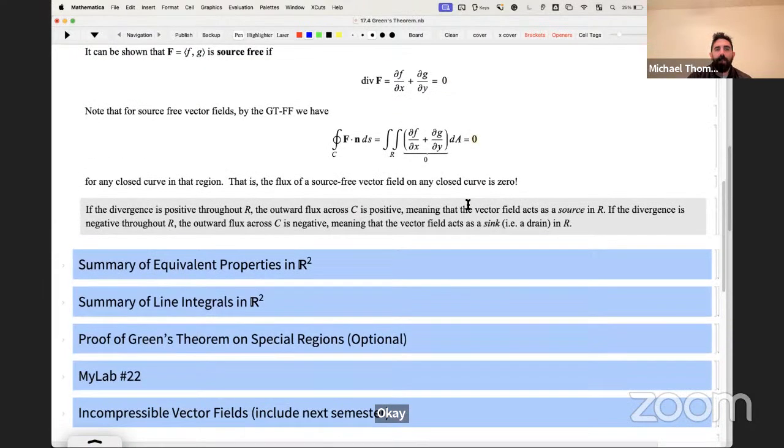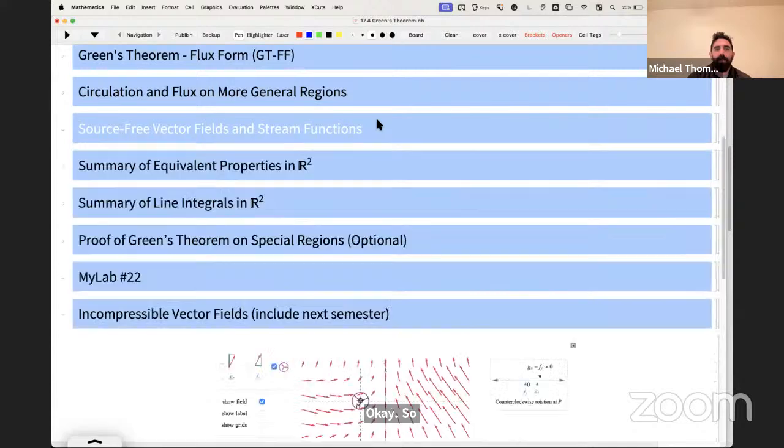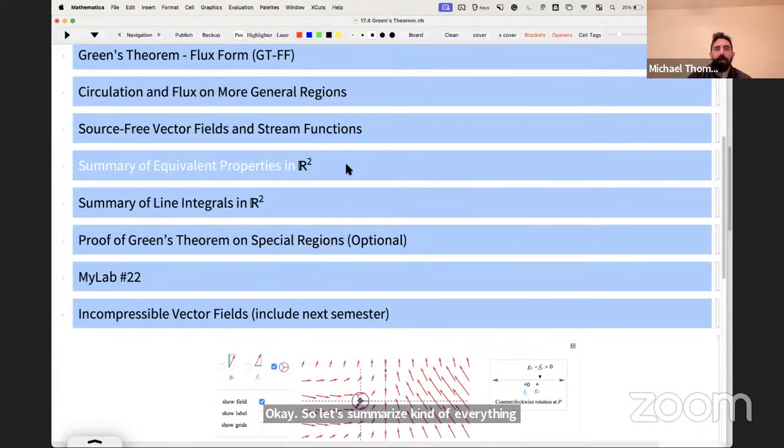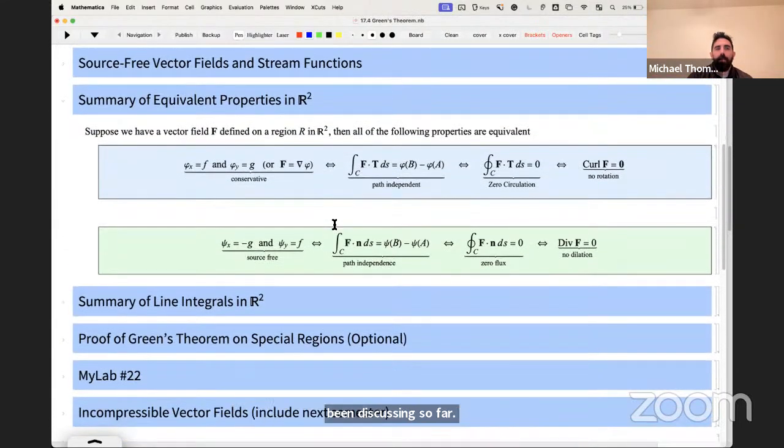So let's summarize everything that we've been discussing so far. These are the equivalent properties of a conservative vector field. By definition, a vector field is conservative if there exists a potential function phi.